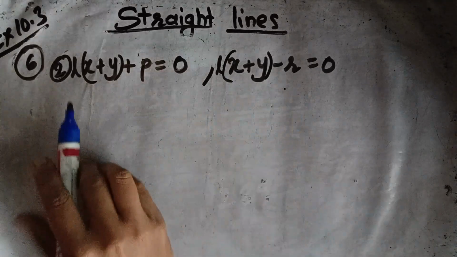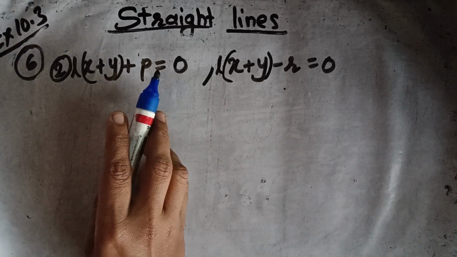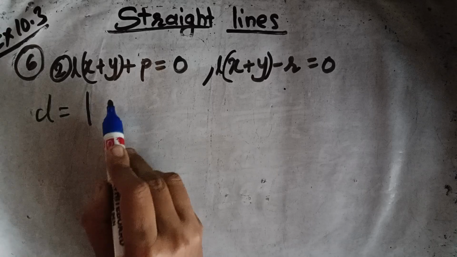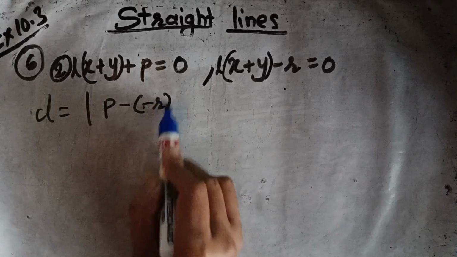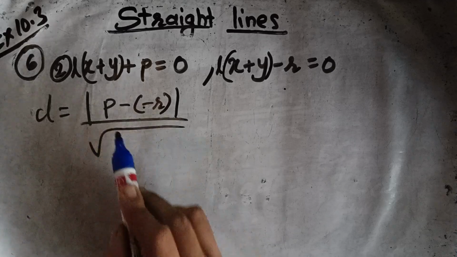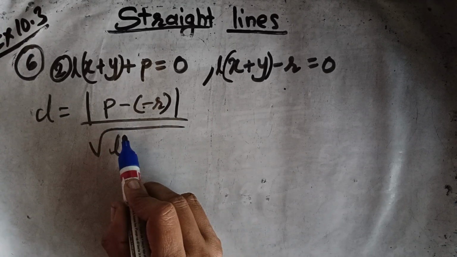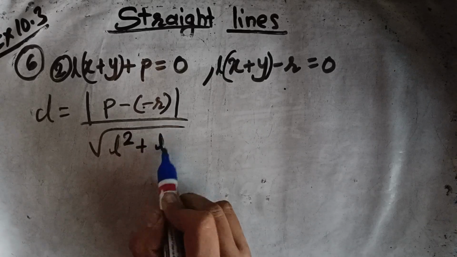Next, two lines are given. L x plus y plus p. Okay. So distance C1 is E, C2 minus of minus 1, root of A squared plus B squared.